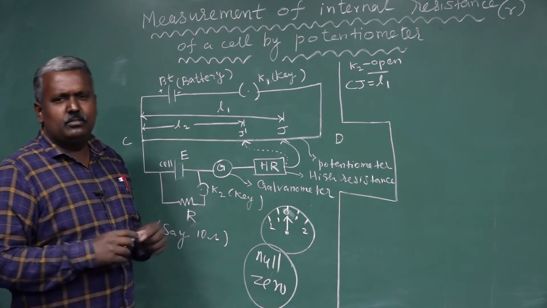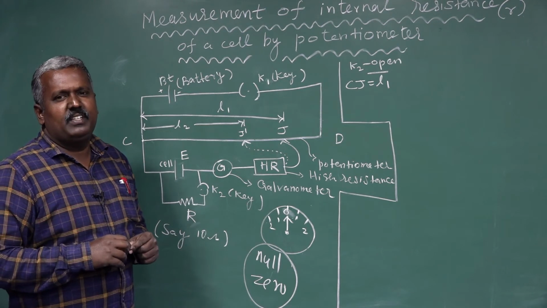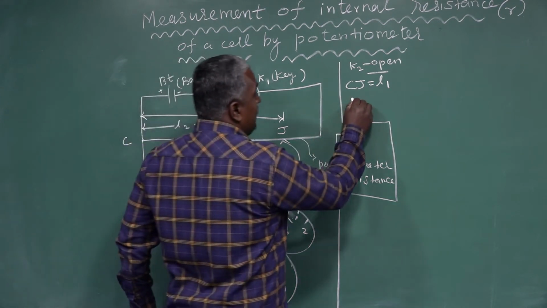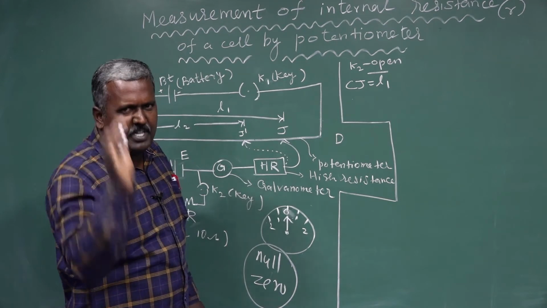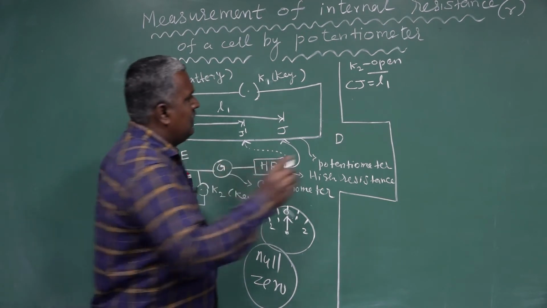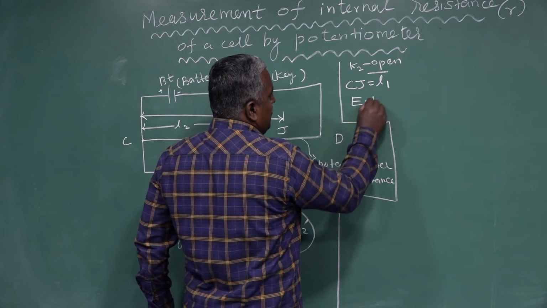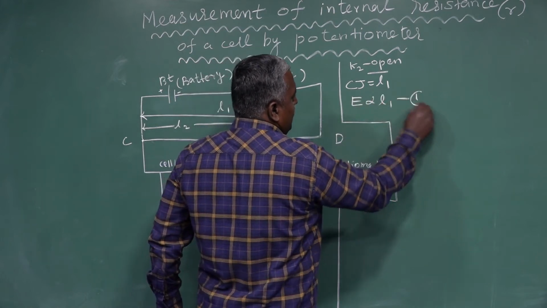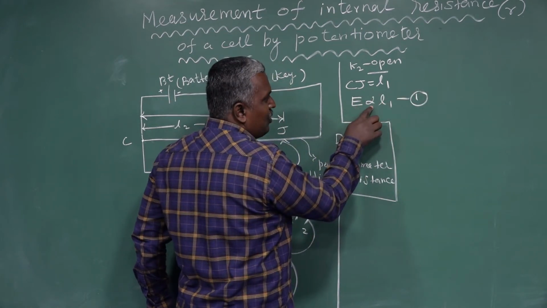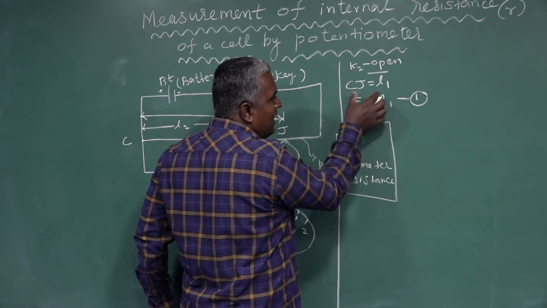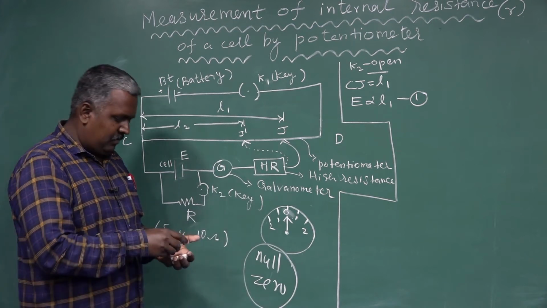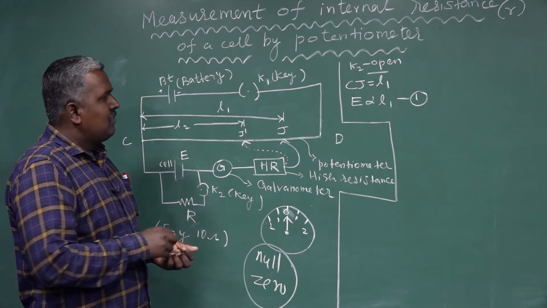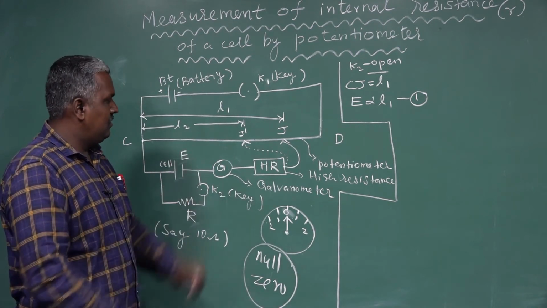So according to the principle of potentiometer, in open circuit, that is important, in open, not a closed circuit, the EMF of the cell is directly proportional to balancing length. Here balancing length CJ is equal to L1. Okay, that's all. Clear?